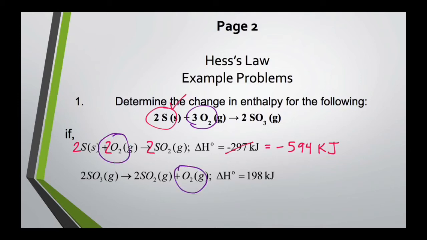I see O2s here and there. So kind of like the last problem, oxygen is kind of getting in the way, so we're going to ignore that and come back to it later. And then I need 2 SO3s on the product side, and I see 2 SO3s on the reactant side. That's the only ones that I see here, so I guess that's what I'm going to have to work with.